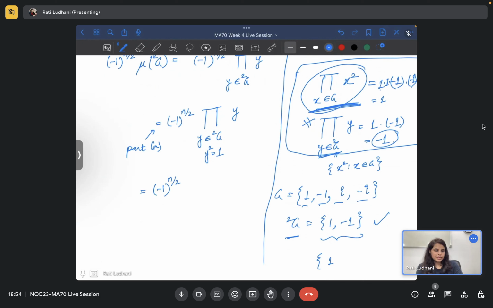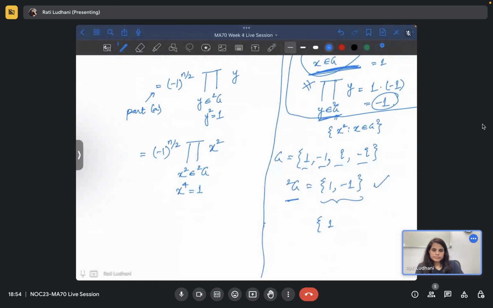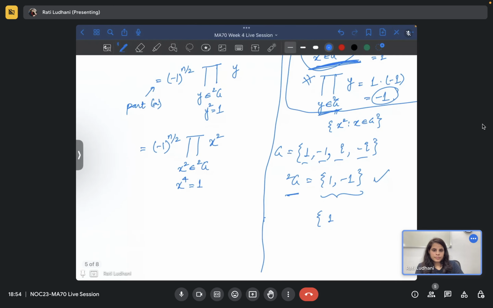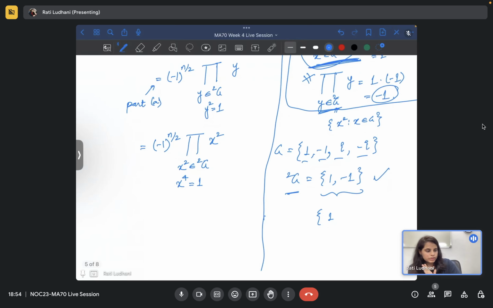Now let's get down to G. I'll just replace y by x squared, because all the elements of 2G look like squares of the elements of G. So I'm not writing x here and square there, I'm just writing x squared belongs to 2G, and I'll write x squared, and here what will it become? x raised to power 4 is equal to 1. Is that clear? Yes. Okay, great. So let's keep this here only.